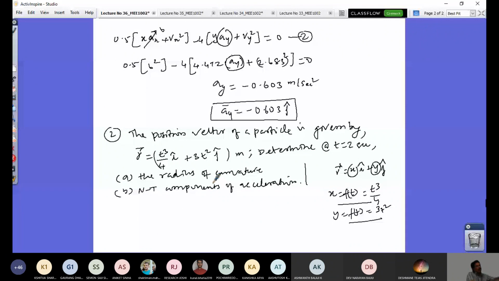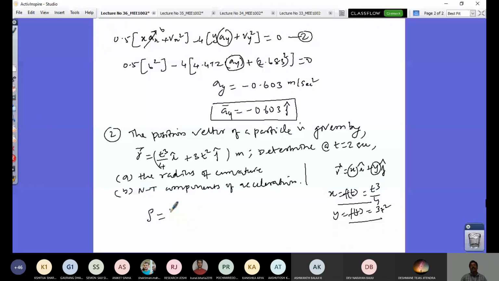Rho equals, if the path equation is given explicitly, dy by dx whole square, whole power 3 by 2, divided by d squared y by dx square. But here we are not given the path.